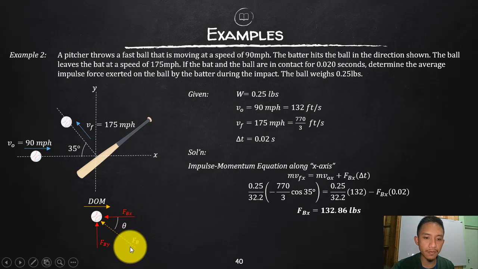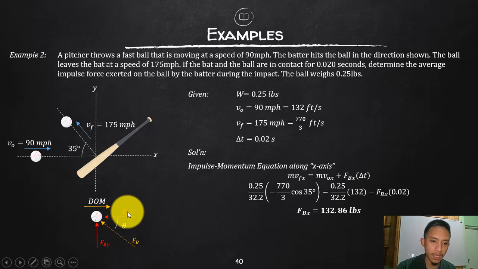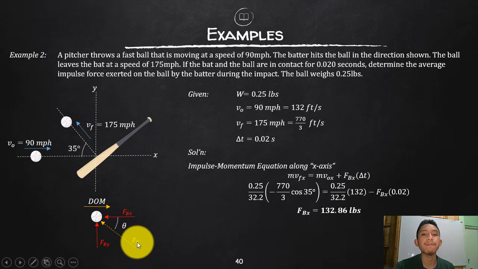That inclined force coming from the bat, applied on the ball, is to be broken down into x and y components. What is F sub bx? That is adjacent to the angle theta, so that is F sub b cosine theta. And F sub by is opposite the angle theta, so that is F sub b sine theta.